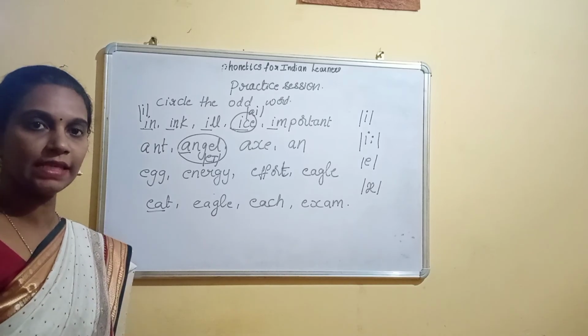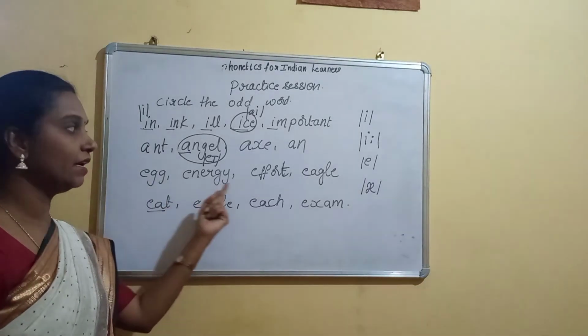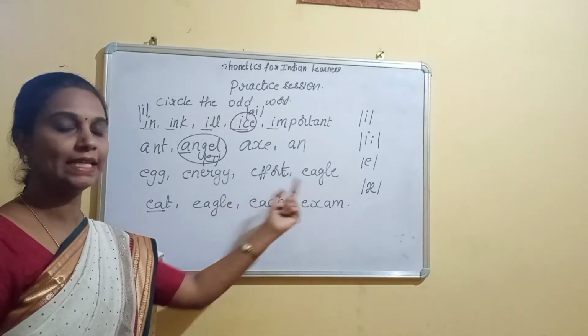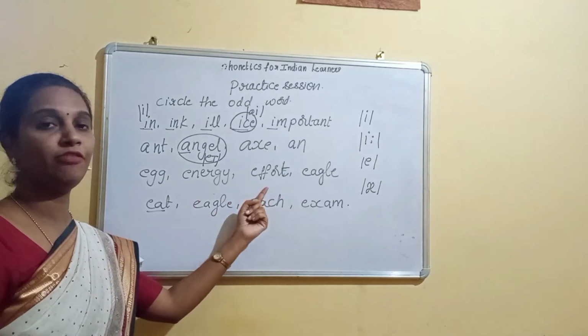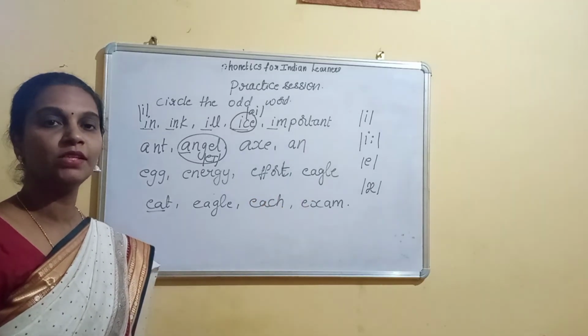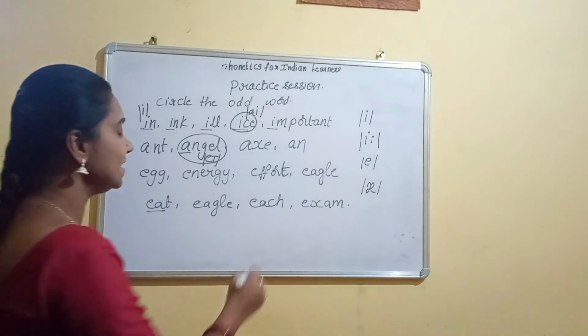Now let's move to the next set of words. Egg, energy, effort, eagle. So, which is the odd word out? Yes, you are right. It is eagle.